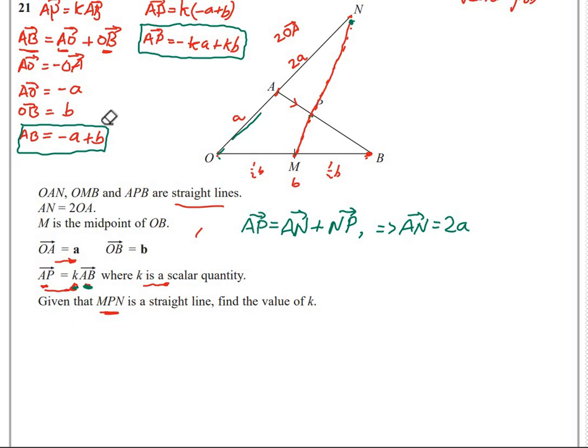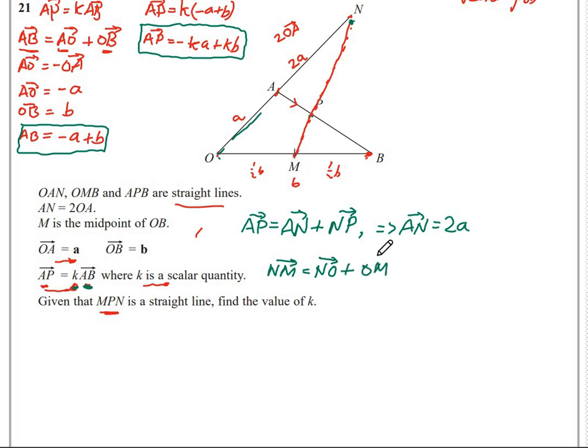So why do I keep doing that? I need to find NM. Alright, NM, got it. NM equals NO plus OM.